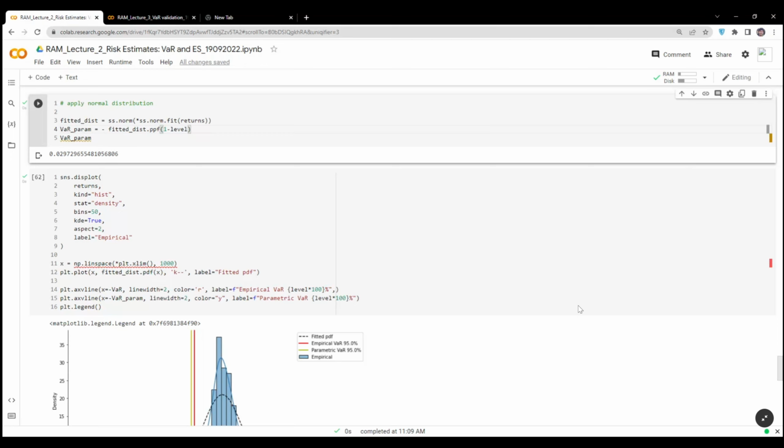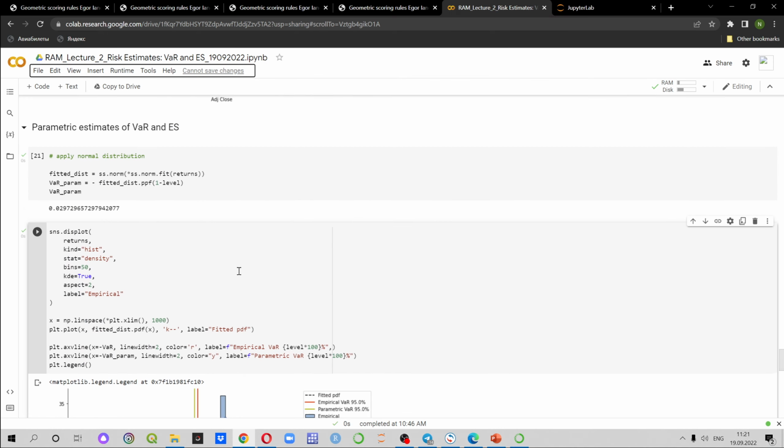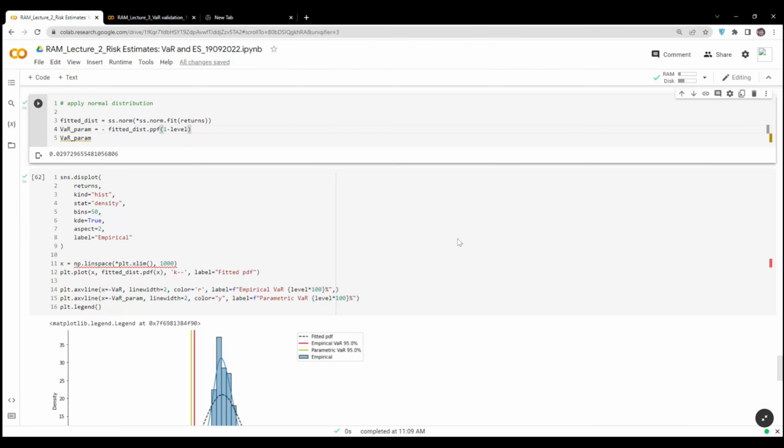Dealing with an empirical distribution, we used only one line of code to find value at risk on a discrete distribution. We applied just the quantile method. We also applied just one line of code to calculate expected shortfall for the empirical distribution.